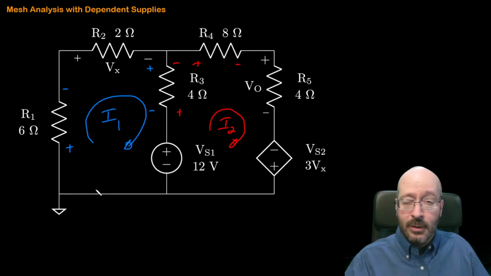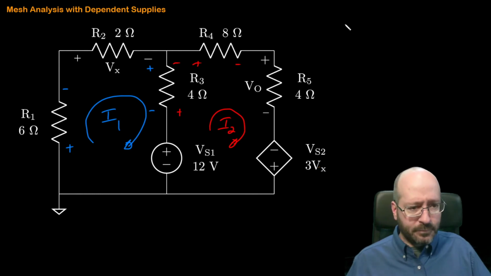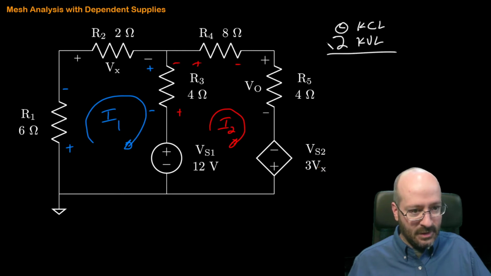No current supplies, no KCLs. 2 unknowns means I do need 2 equations. So since we're doing mesh, they're going to be KVLs. Okay, so 0 KCLs because I have no current supplies, and 2 KVLs because I have 2 unknowns. So I need this little equation to work out.